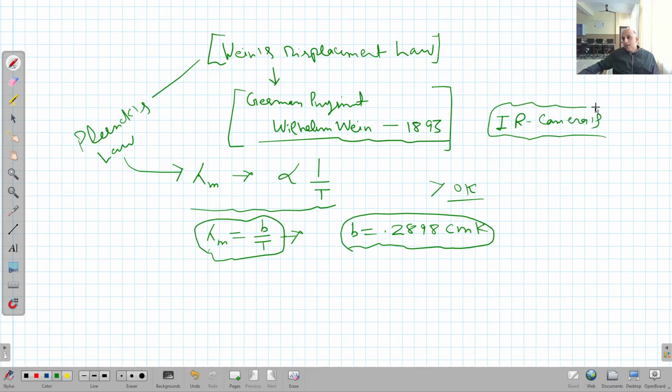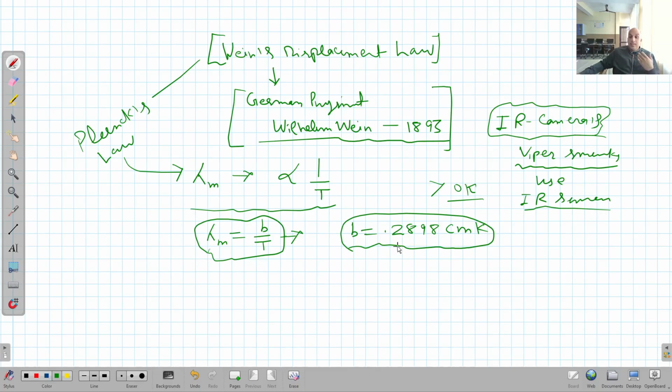You might have heard that viper snakes use IR sensors, infrared sensors. Clear? Now, how do they use these IR sensors?